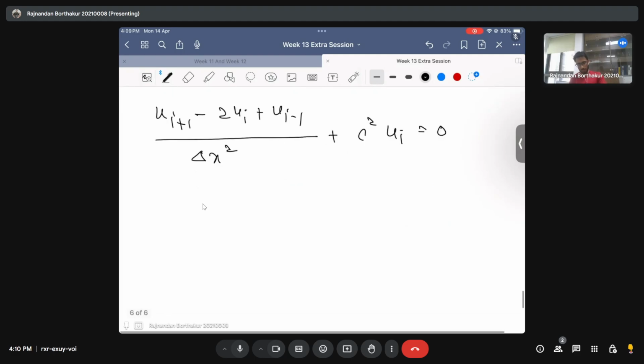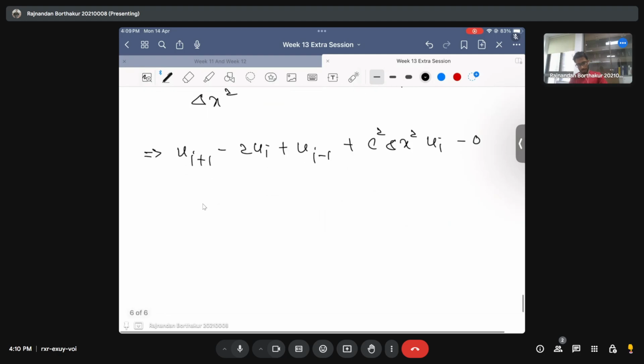And then you can do some algebra and write this as u of I plus 1 minus 2 times u of I plus u of I minus 1 plus c square delta x squared ui equals 0. And then you can write this as u of I plus 1 plus c square delta x square minus 2 times u of I plus u of I minus 1 is equal to 0.